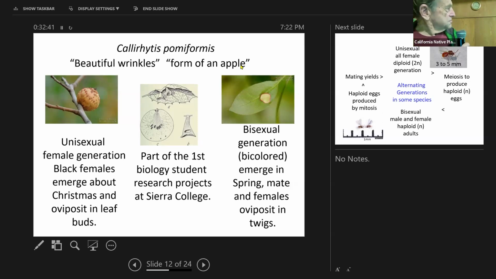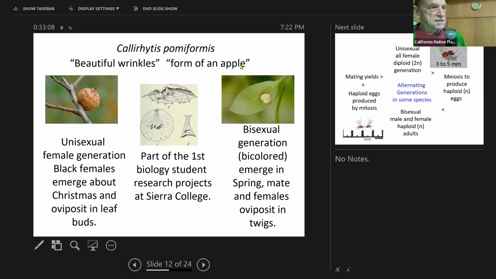Well, it turns out when those females emerge, and you only get females out of there, they're black. They emerge about Christmas time, and they will go find leaf buds and oviposit on leaf buds. And when the leaves are in the bud stage, it's the outer surface of the little leaflets that are accessible.